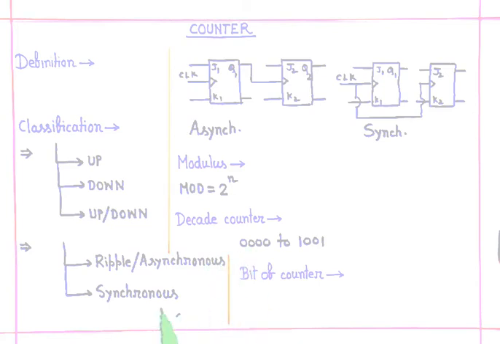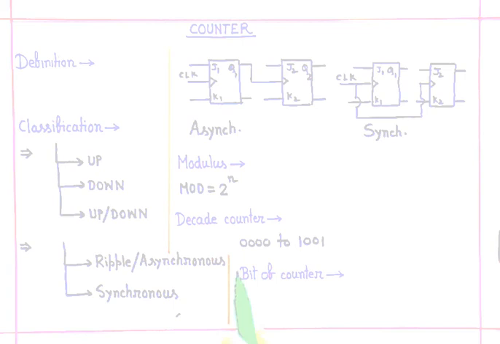But in decade counter, using those 4 flip-flop, we will count only 10 numbers. That's why the name is decade. Decade always indicates the number 10. In decade counter, we count binary from 0000 to 1001.